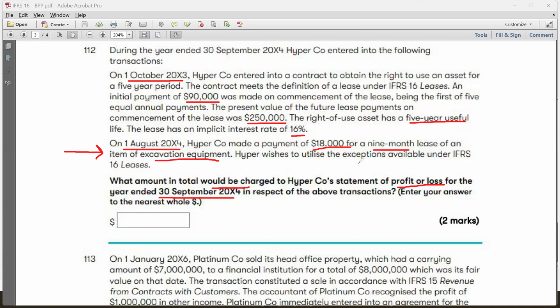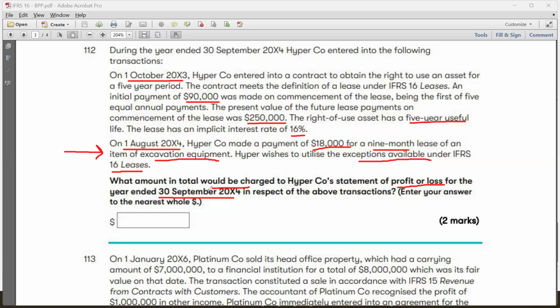Hyperco wishes to utilize the exceptions available under IFRS 16. This is what I was referring to. So they are going to use the alternate method where they do not have to do the whole calculation, and they simply charge the payment to the profit or loss. So this is 18,000 for a 9-month period. However, only 2 months relate to the year, August and September X4.